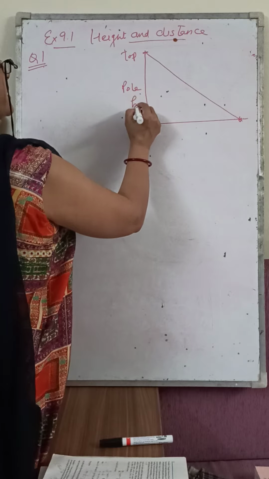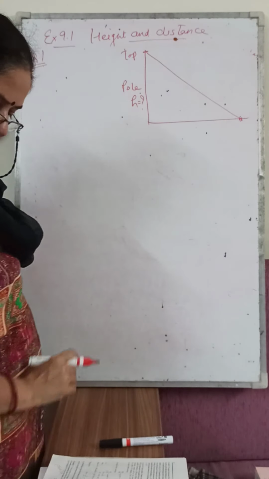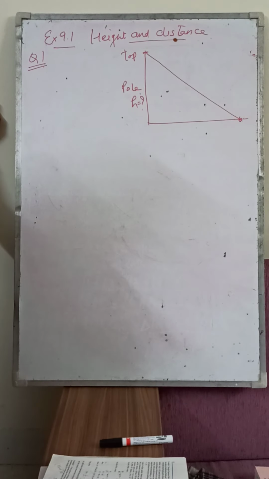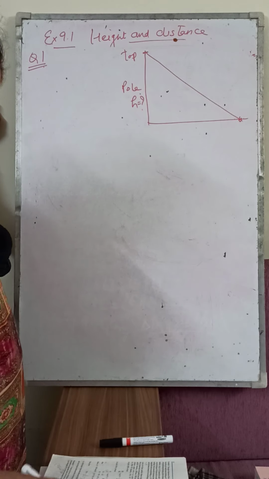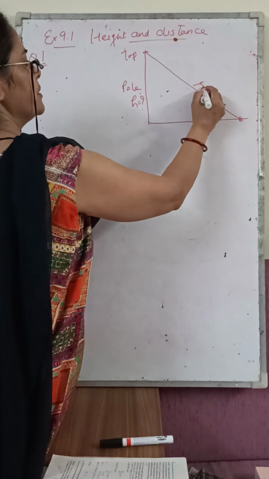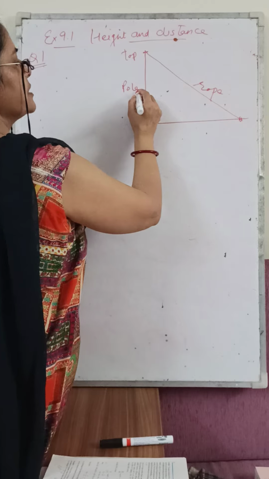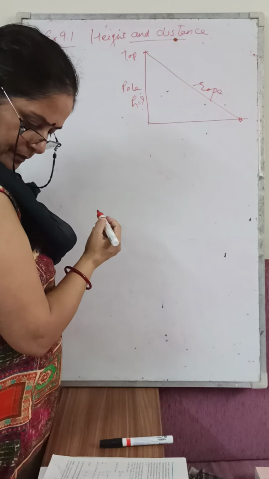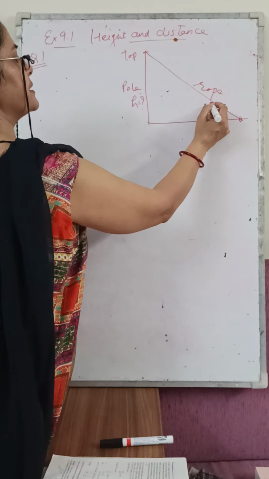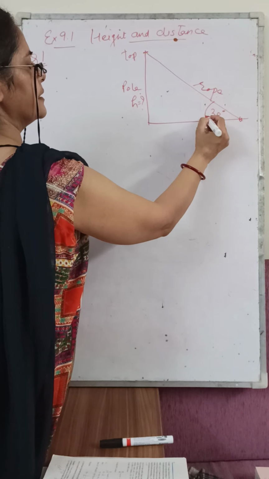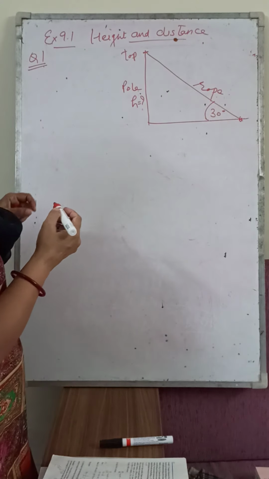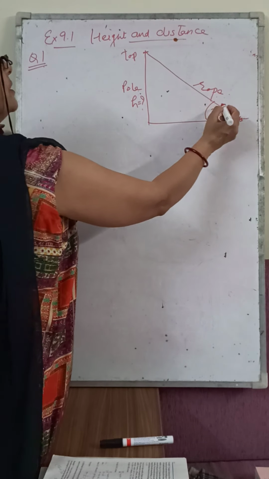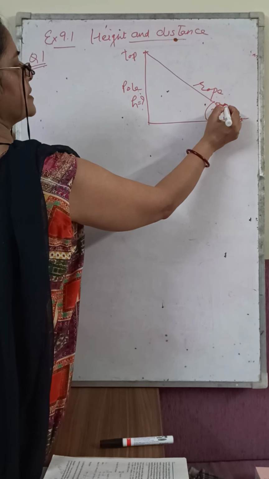You have to find this height of the pole, if the angle made by the rope, this is the rope, this is the pole, with the ground level is 30 degrees. The circus artist is climbing this rope. Suppose this is the circus artist.